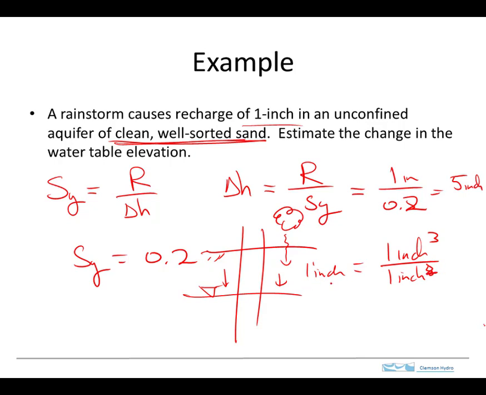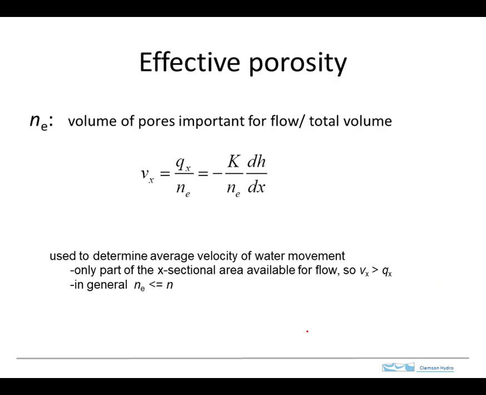That's what we mean by 1 inch of recharge. Then that will cause the water table to rise by 5 inches. All right. So that's the storage change, retention of water in porous media due to gravity drainage.